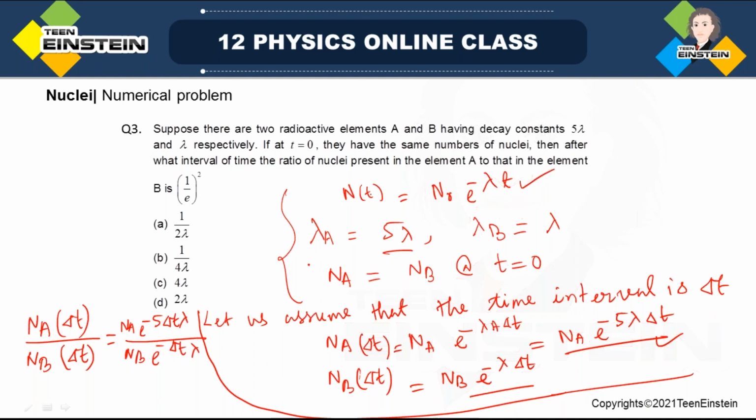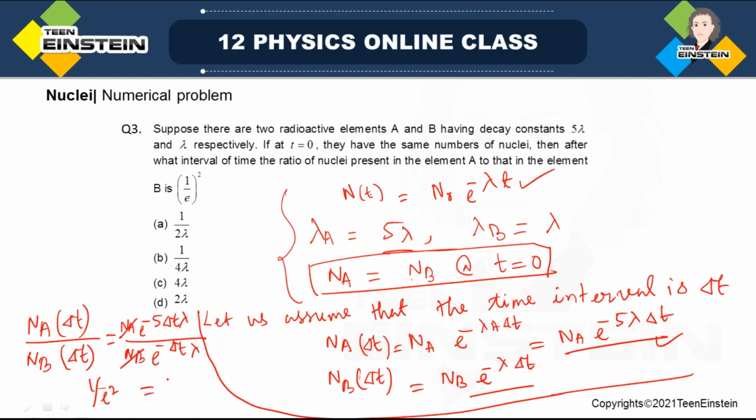So you look in the given condition at t is equal to 0. Initially they had the same number of nuclei, so I can strike them out because they are equal. What you get in the left hand side, this ratio is already given, as 1 by e square.